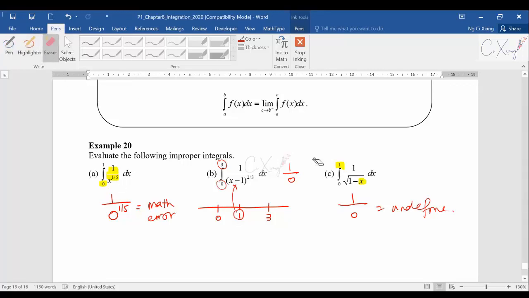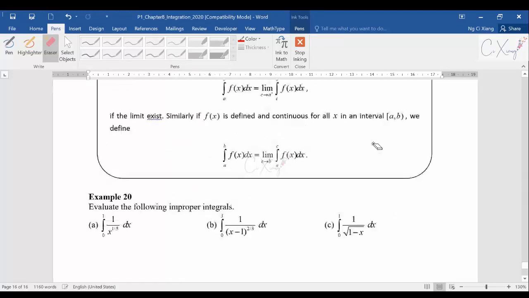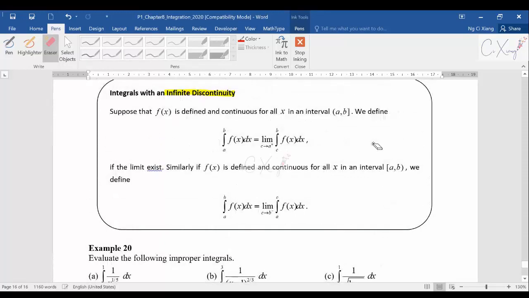Alright, so when you're having all these improper integrals, when you write out the solution to solve this question, it is a bit special. There's a proper way for you to write it out. So you go to our notes here. If you look at our notes, originally I'm having this integration. It looks very normal.